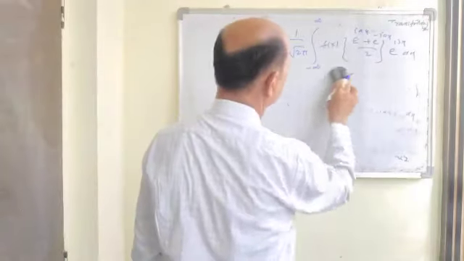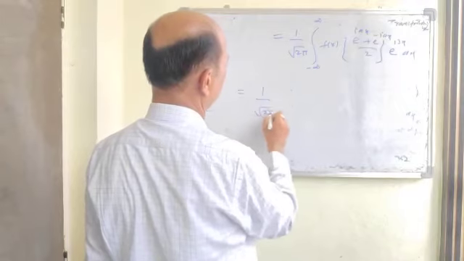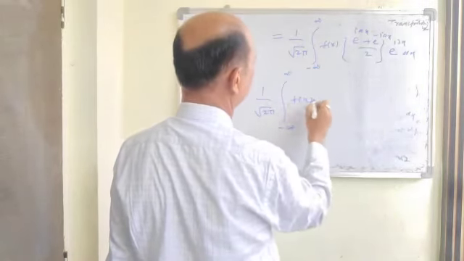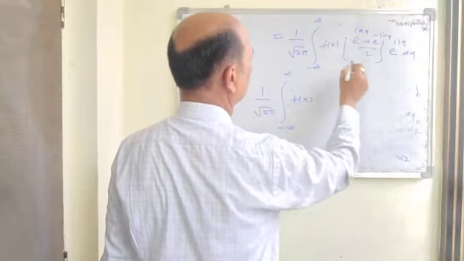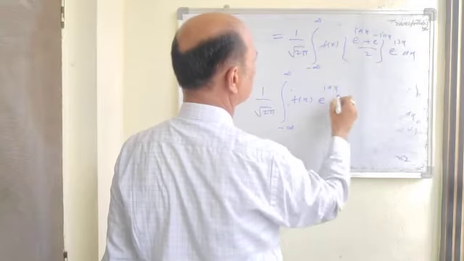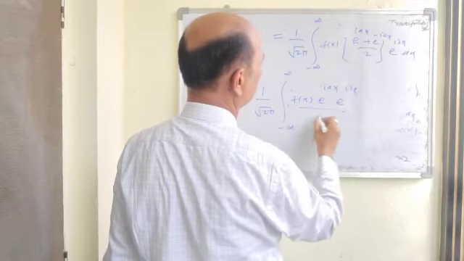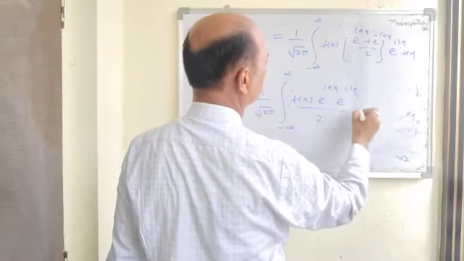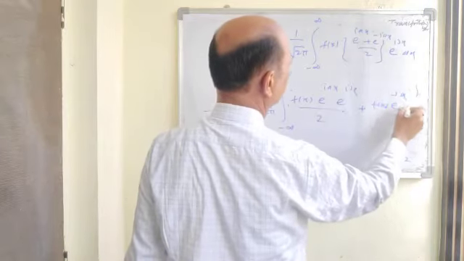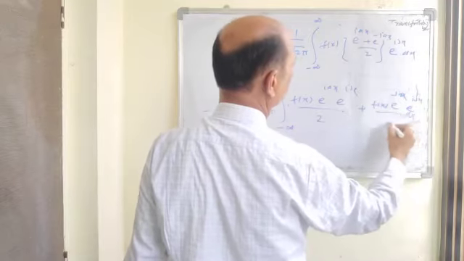So now just simplification. That is equal to 1 upon root 2 pi integration from minus infinity to infinity f of x, and this is e to the power iax into e to the power isx divided by 2, and again plus f of x e to the power minus iax into e to the power isx divided by 2.